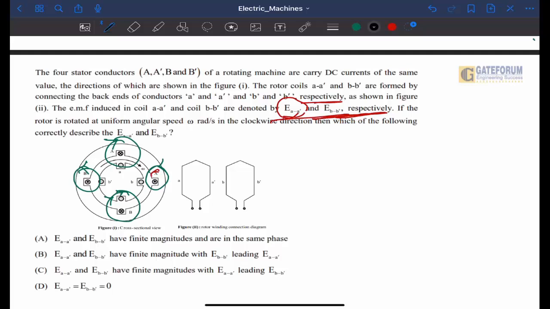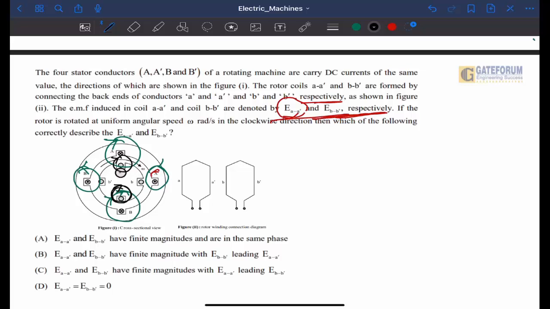See, the A rotor conductor has this field effect, and the A dash conductor also has the same field effect. So the induced EMF in the A rotor conductor and in the A dash rotor conductor will both have the same magnitude and same polarity.